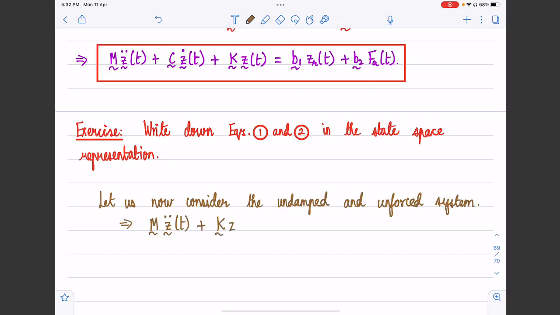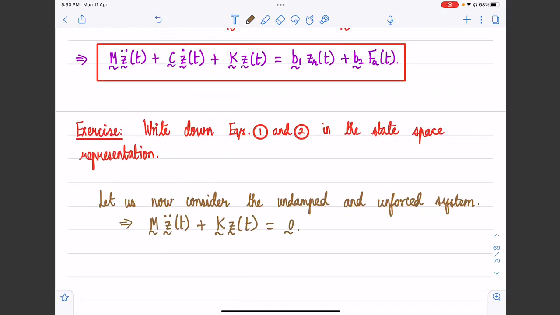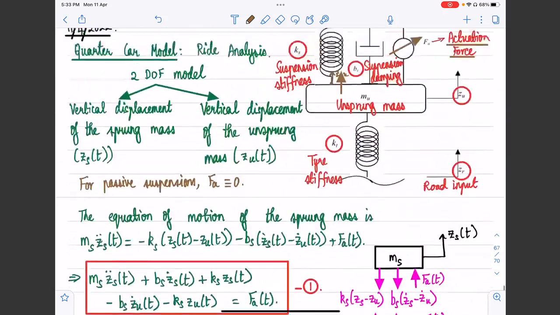So we are only left with m times z double dot plus k times z of t equal to 0. This is like mx double dot plus kx equals 0 that we saw in the previous class for single degree of freedom systems, you remember?